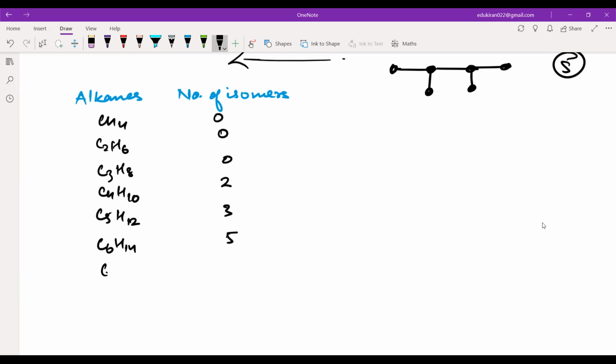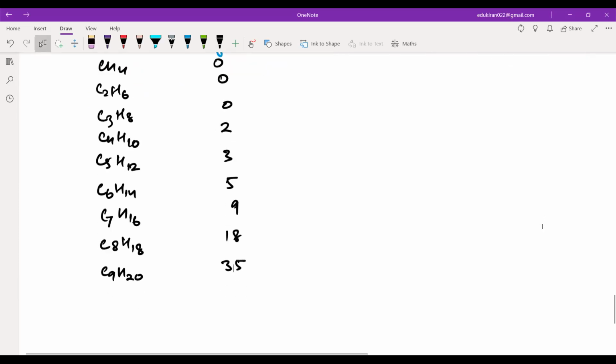And after that we have C7H16, it has 9. Then C8H18 will have 18. C9H20, it has 35. C10H22, it has 75 isomers.